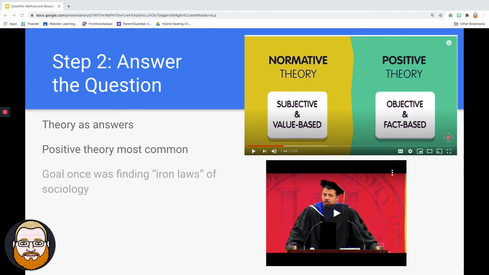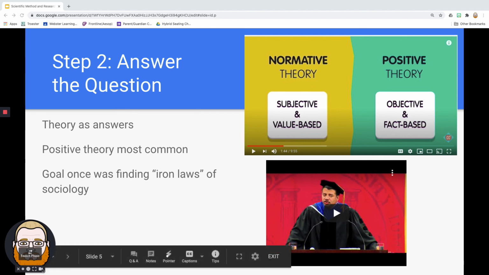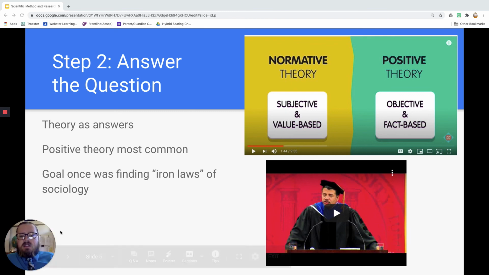The goal of positive theory, right, this theory that's based on objective facts, once had the lofty goal of discovering iron laws of the social world. Right? Sociologists and other social scientists believed that we were going to come up with our equivalents of gravity for the social world.